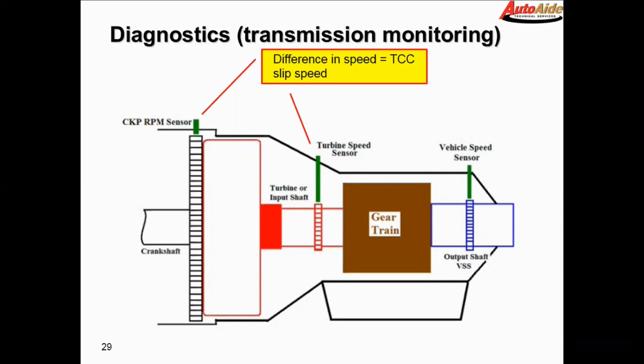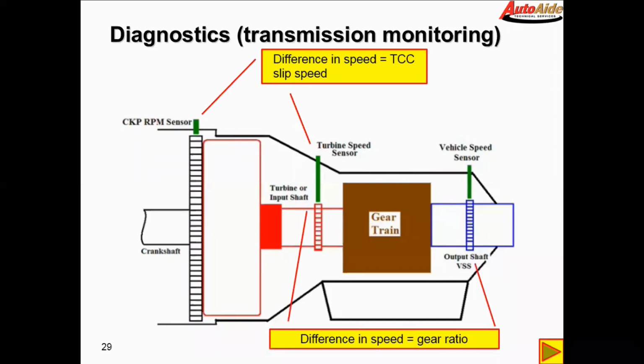And if it is locked up, they'll be spinning at the same speed. And then we've got the gear train being monitored. Basically, we've got all of our different gear ratios, so the computer knows how fast the turbine or input shaft should be spinning, as opposed to the output shaft. And from there, it can determine whether the correct gear ratio has been selected or not.